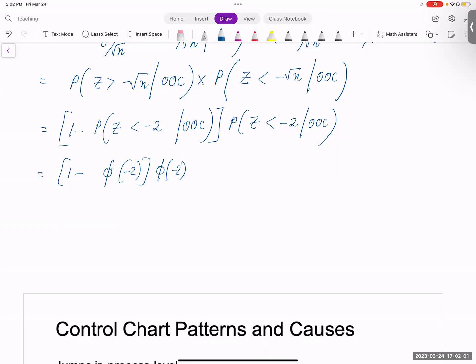Okay, so phi of -2 is 0.0228. So once we know this, I can compute 1 minus 0.0228, which will give us 0.9772 times this, which is equal to 0.0228. Okay, so we have got one of these terms.